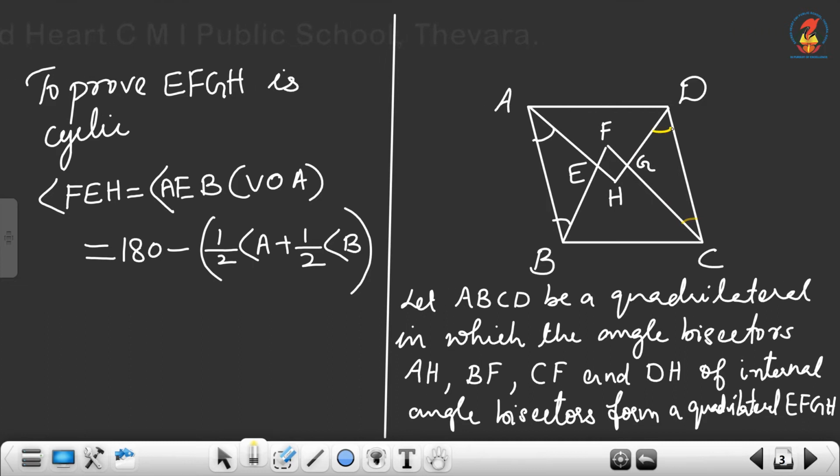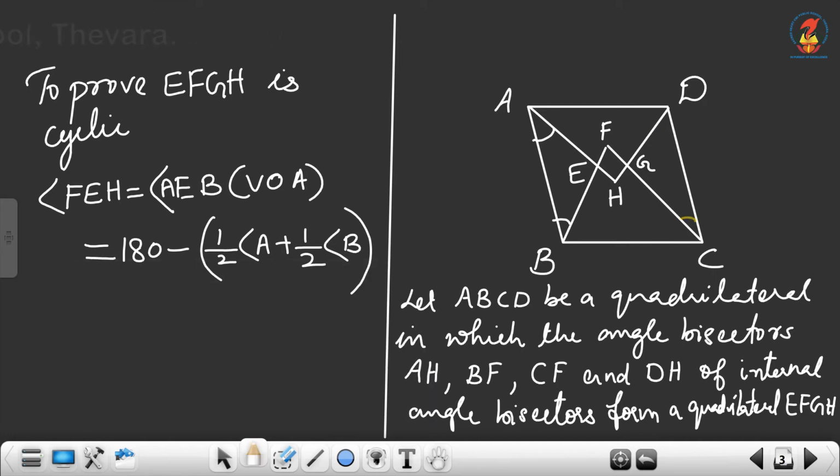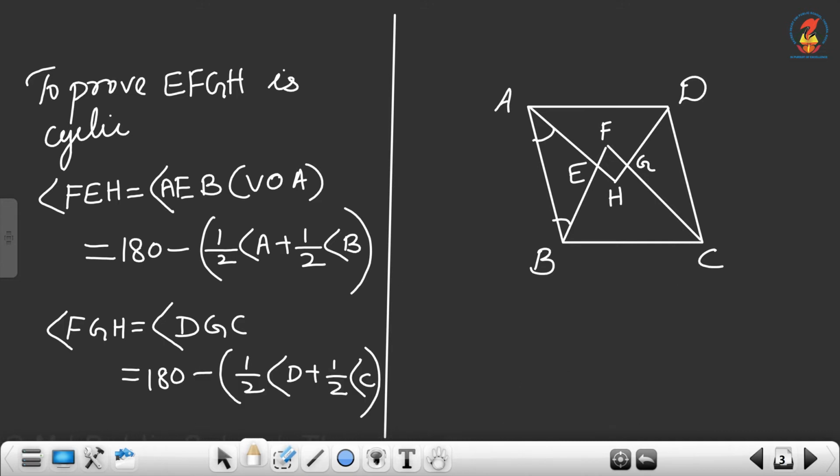But this angle is half of angle D and this is half of angle C. So angle FGH, which is equal to angle DGC, is equal to 180 minus half of angle D plus half of angle C. We are not expanding that.